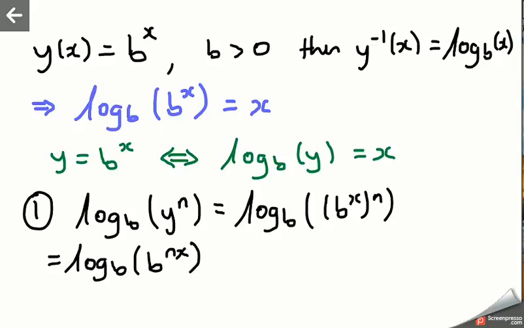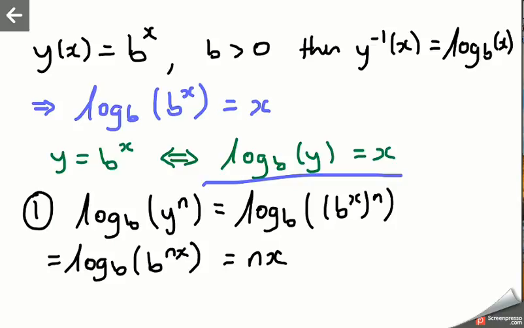And now, by this rule up here, instead of putting x here, we're putting n times x. So the thing that comes out should be n times x. So this is equal to n times x. And of course, by this property here, we know that x is equal to log to the base b of y.